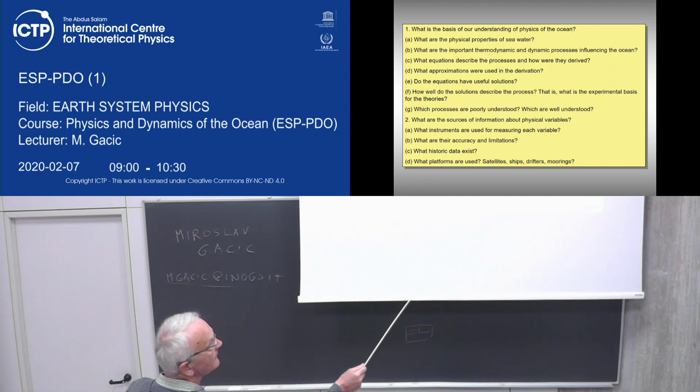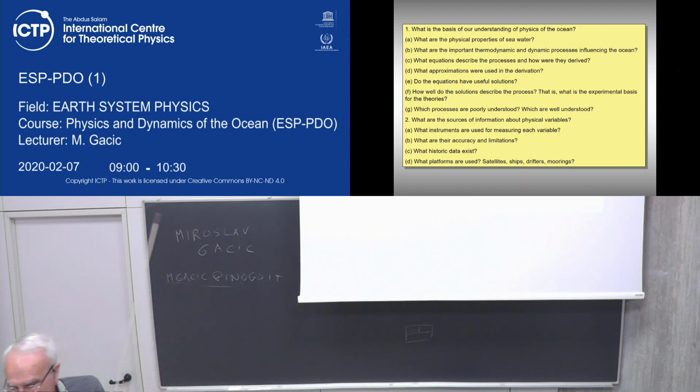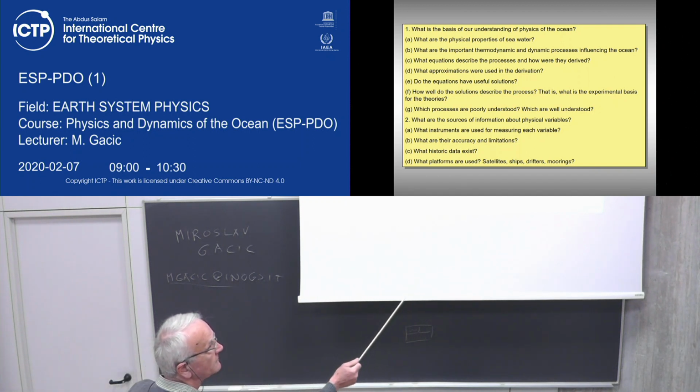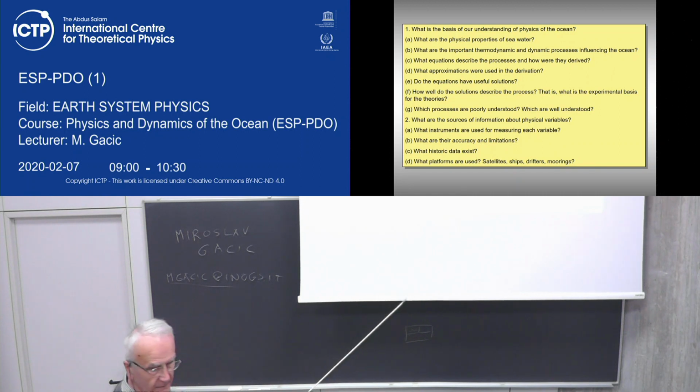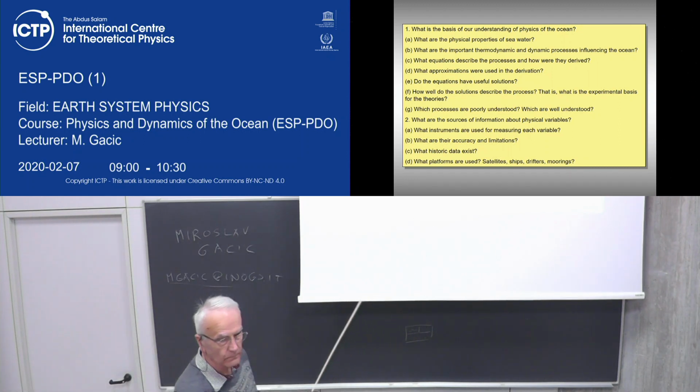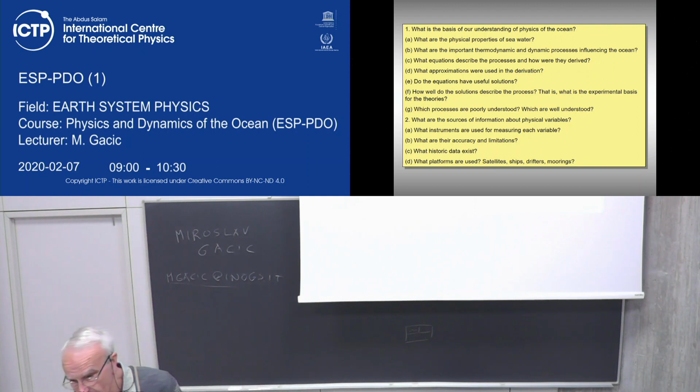What platforms are used? What kind of techniques do we use for the measurements? We can use satellites, ships, drifters, moorings. Satellites are measuring remote sensing data, remote sensing measurements. Ships, when you use ships, that is in situ measurements. You have to put something from the ship into the sea.